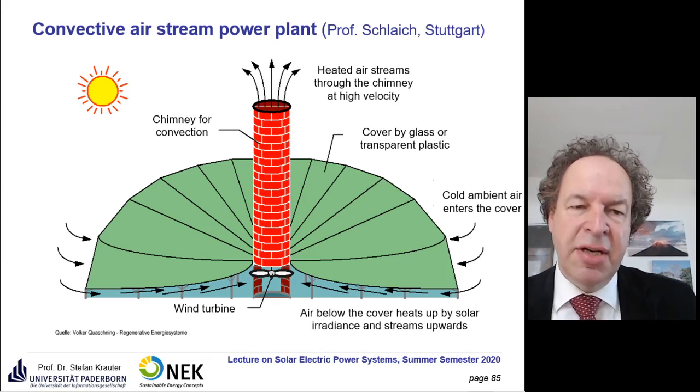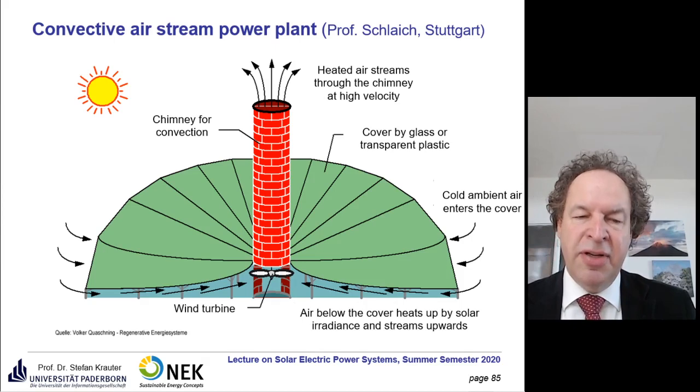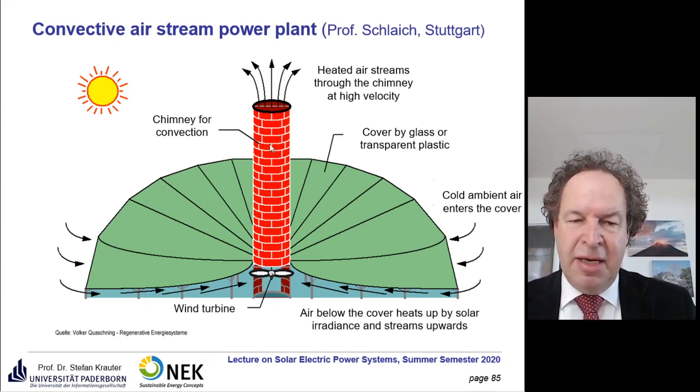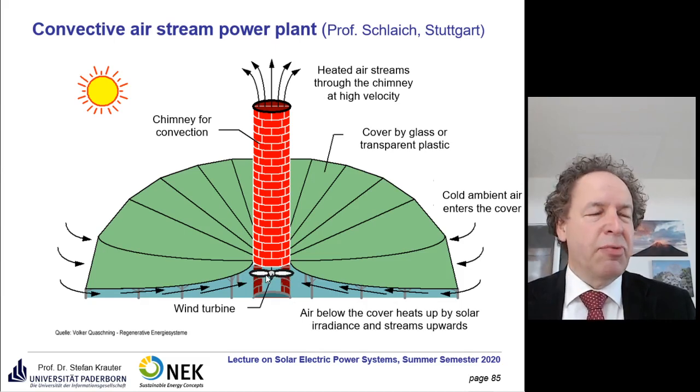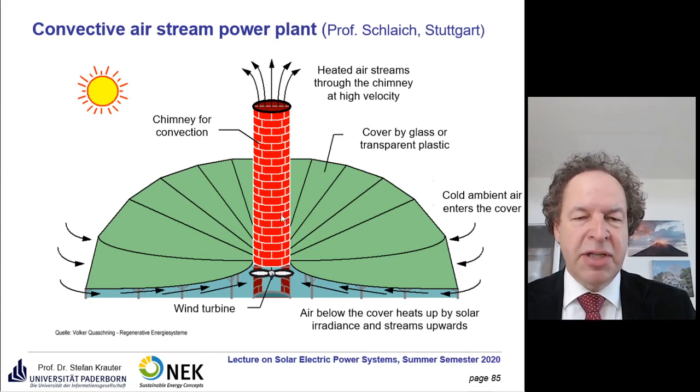An additional thing to mention here is the convective air stream power plant. You have quite a large area covered with glass or transparent plastics, and the ground heats up, and the air is getting lighter and flows through a chimney, which can be quite large, some 100 meters high, and then it's powering a turbine. There have been some experimental setups in southern Spain with 100 kilowatt, but there was an original plan for, I think, almost a 1 gigawatt power plant in the Australian desert with a 1 kilometer chimney. It was never realized because meanwhile photovoltaics got so cheap and the construction cost is quite high.